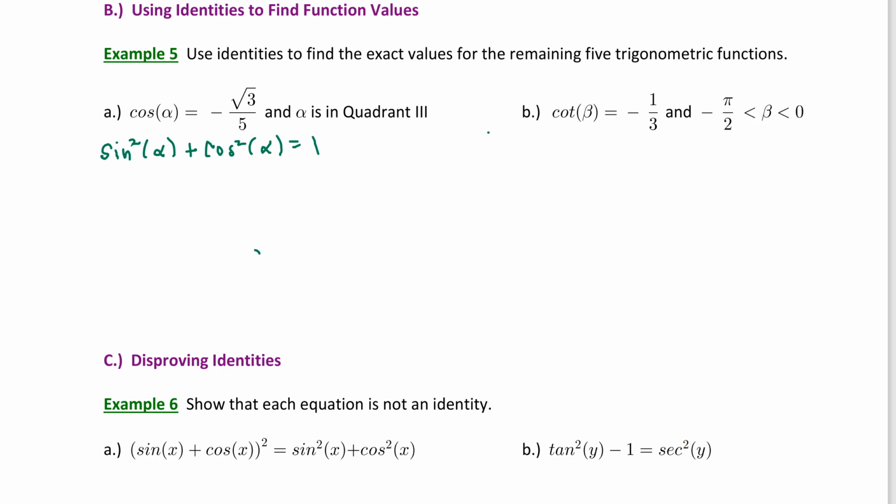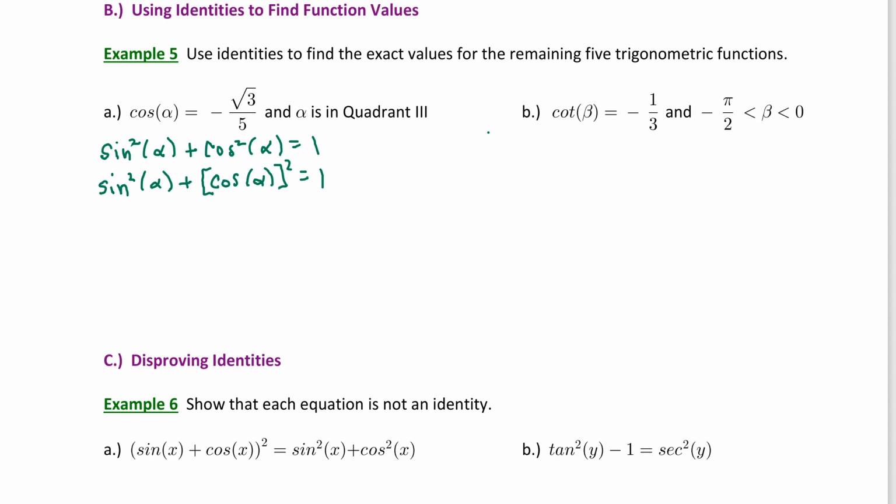Now, we know that cosine of alpha equals negative square root of 3 over 5. And I want to be very clear with notation here. So I'm going to take the time to rewrite this just to help you avoid a common mistake. I'm going to rewrite cosine squared of alpha as cosine of alpha, quantity squared. Of course, those mean the same thing. The square between the function name and the argument is the shorthand form of the expression where the entire trig function is squared.